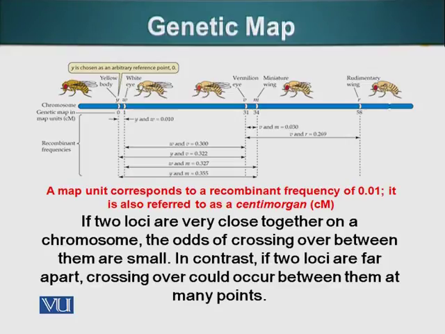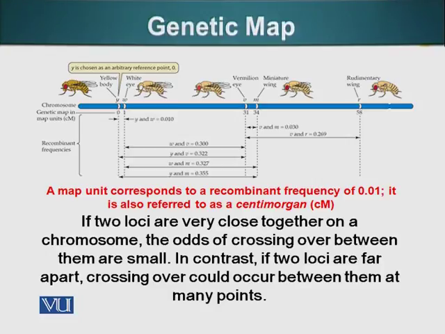During meiosis, homologous chromosomes come together and form these tetrads. How frequently are these genes exchanged between the two homologous chromosomes? The further apart two loci, the locations of these genes, the greater the recombinant frequencies.